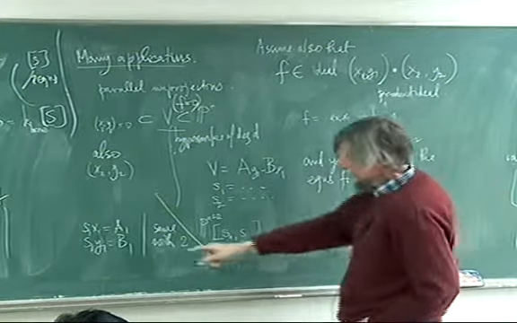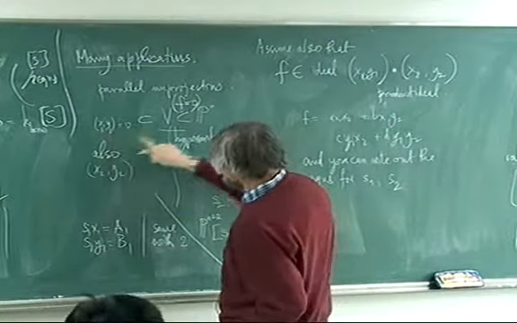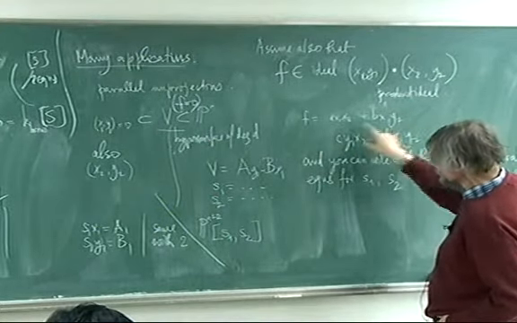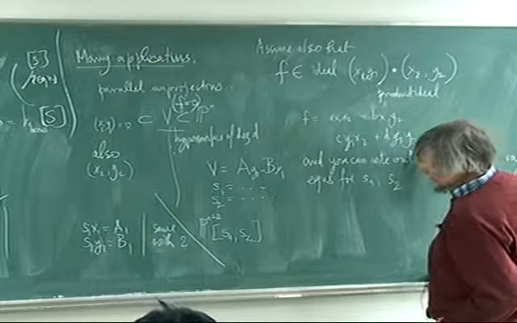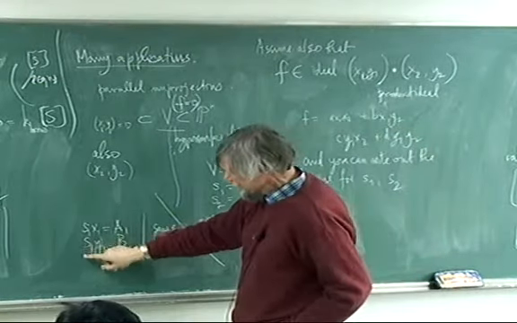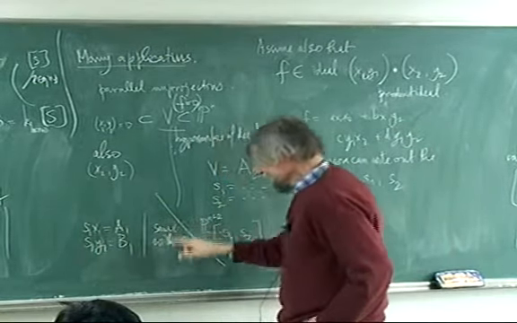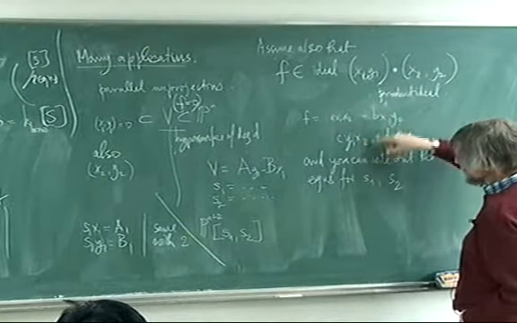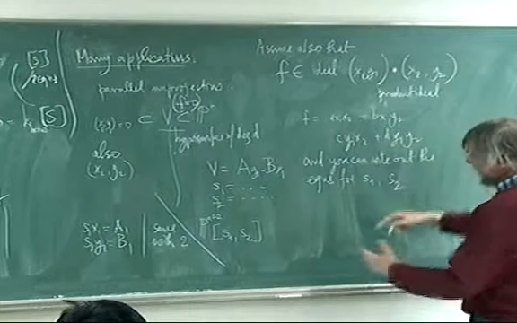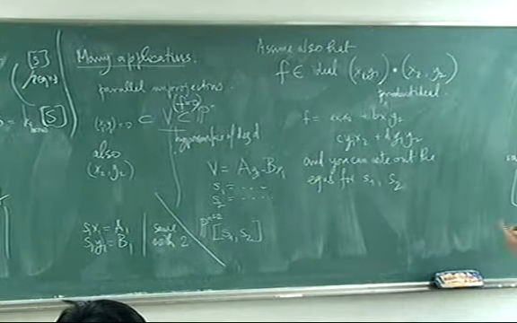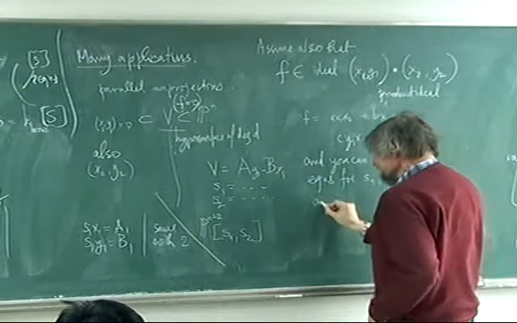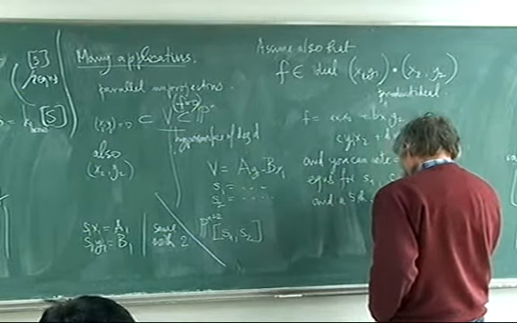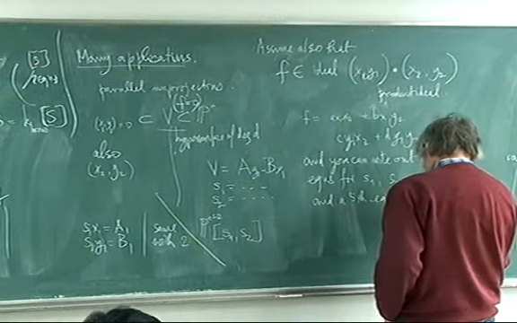So I told you how to do them. I said take this equation V and write it as something times x1 plus something times y1, right? And then write out corresponding equations for s1. Now do the same with s2. And so I have to divide this up into stuff divisible by x2 and stuff divisible by y2 and write out those equations. But there's another equation there, a fifth equation, s1 s2 equals something.